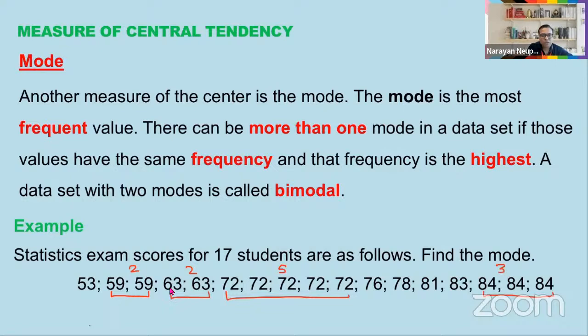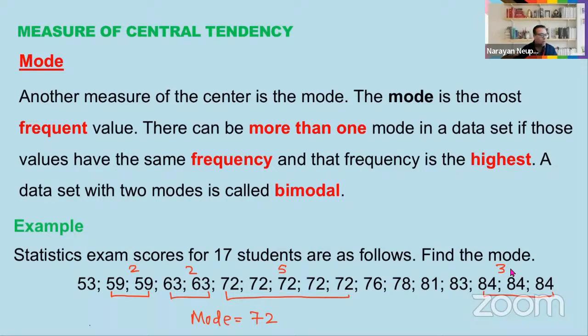So 59 and 63 repeat twice, 72 repeats 5 times, and 84 repeats 3 times. That means 72 is occurring the most. So what is the mode? 72. Mode is 72. Any question there? No question, right? Pretty easy one.